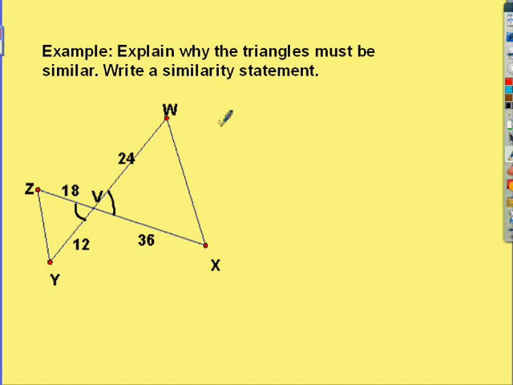So I know that I have angle ZVY congruent to angle XVW, because vertical angles are congruent.